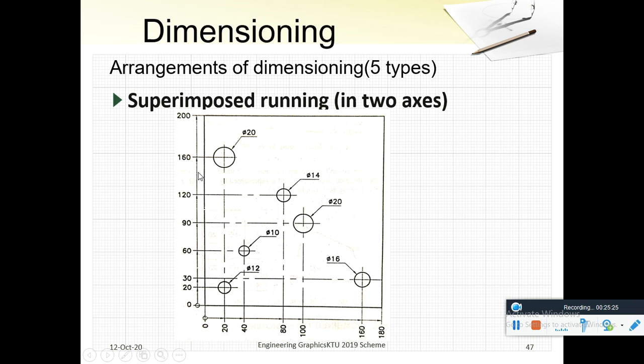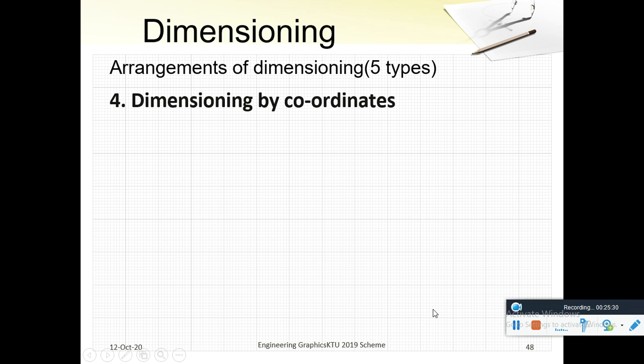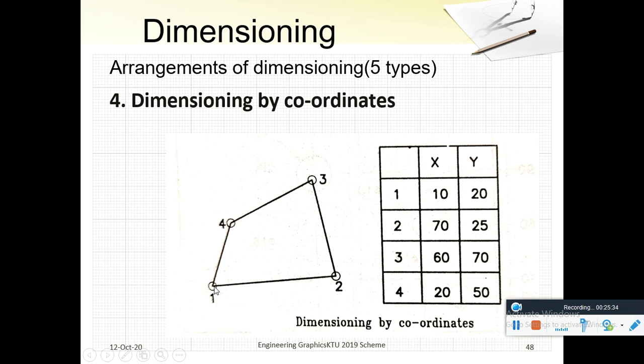Here the dimensions are marked in the y direction, in 2 axes. Dimensioning by coordinates: here there are points 1, 2, 3 and 4. Point 1 represents x 10, y 20. Point 2 represents 70, 25 and so on.